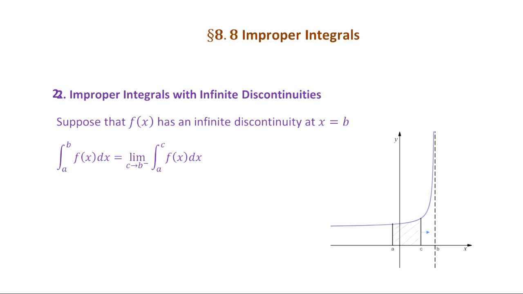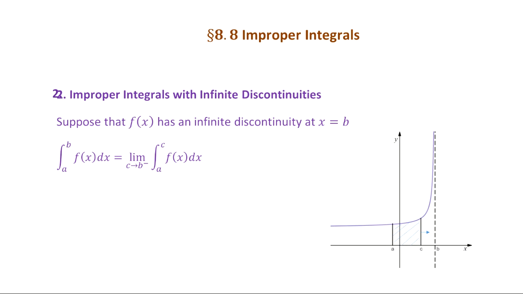So let's talk about the improper integrals with infinite discontinuity. So that's the second type. So what we have done so far is this first type of improper integrals. You got infinite limits of integration, either from a to infinity or from negative infinity to b, or from negative infinity to infinity, to integrate a function on that.